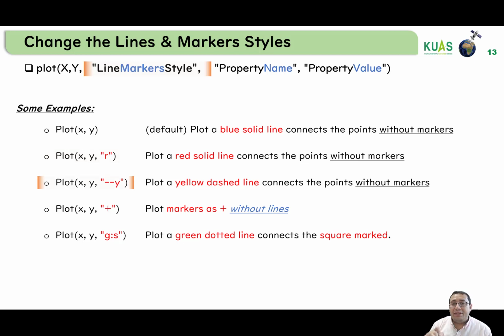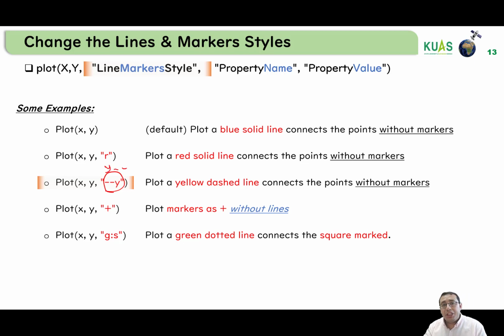So if we write dash dash y, it means dashed line, and y means yellow, so it will be a yellow dashed line, and still without marker. And please note that here we wrote dash dash y, it is the same if we write y dash dash.